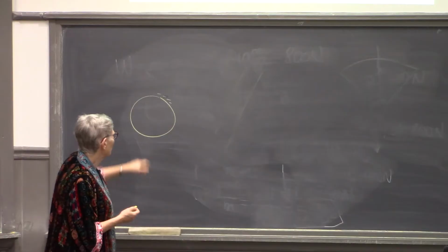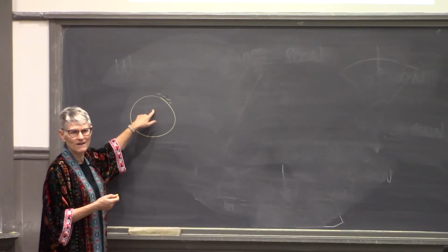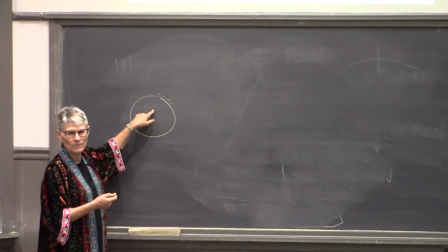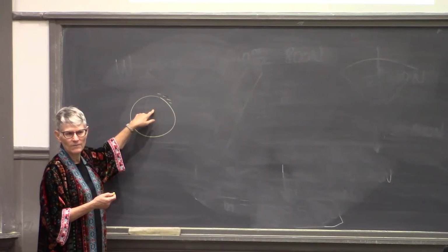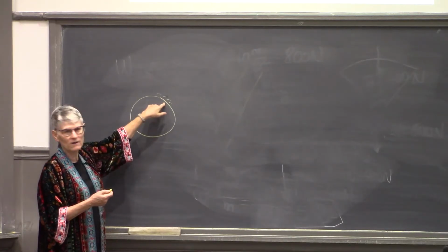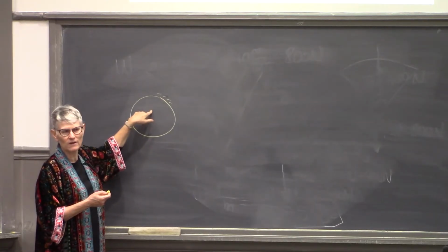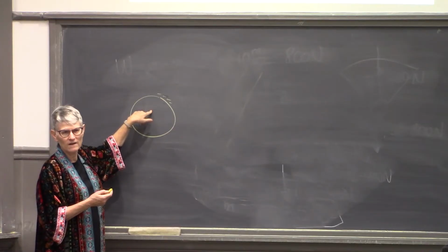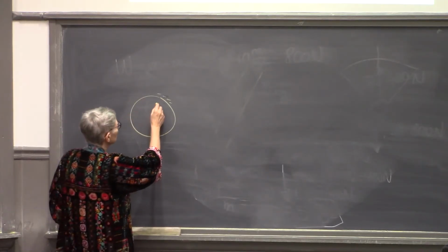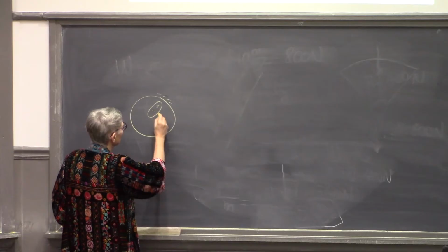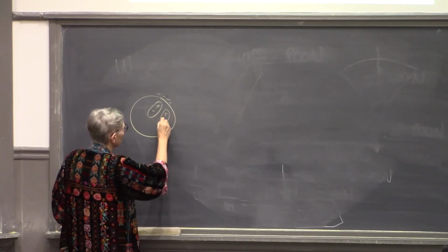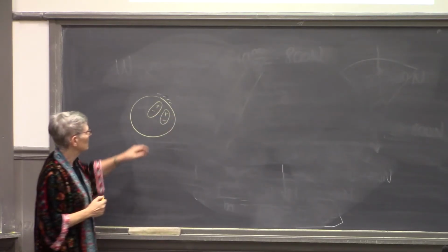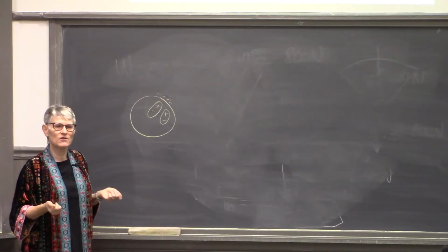But what happens to molecules inside here? Okay, so here's some negative charge. What's going to happen to a molecule right here? It is going to polarize, isn't it? So this object is now both charged and polarized.